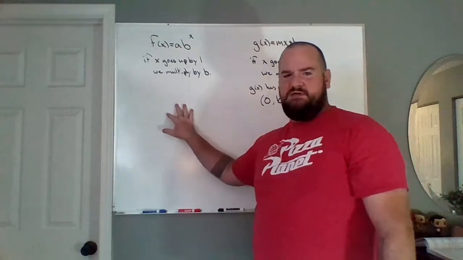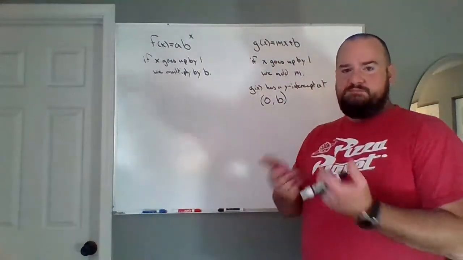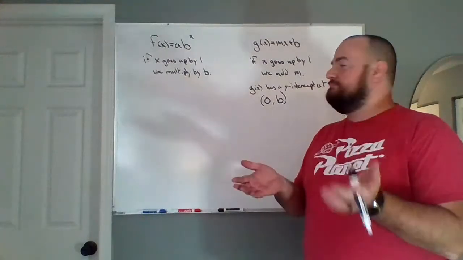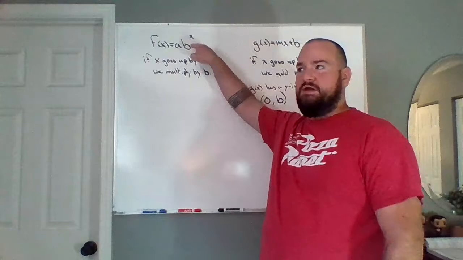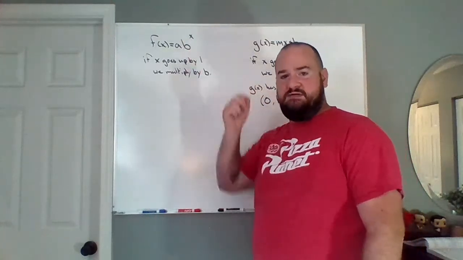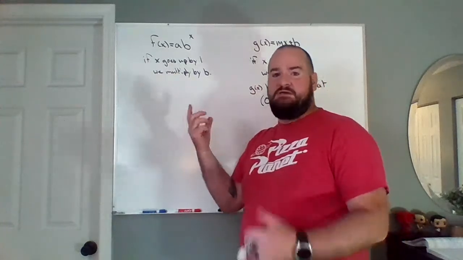What's our y-intercept here? Well, to figure out a y-intercept in general, for any problem ever, we just make the input 0. That's all we have to do. So if our input is 0, we have b to the 0. What is b to the 0? What's anything to the 0? That's right, it's 1. And 1 times a is just a.